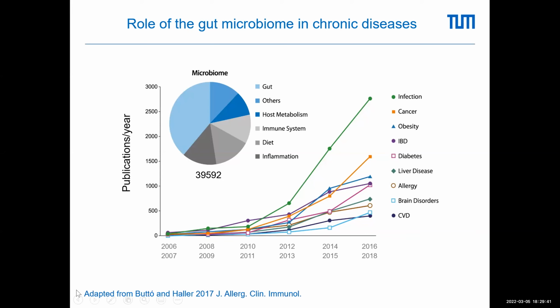And so in this figure here, what you can see is the number of publications per year, stratified by the different disease entities. And what you can see is that over the years, there have been more and more data and more publications generated around the link between microbiome and different diseases, in particular chronic diseases like IBD, inflammatory bowel disease, but also cancer and obesity, infection, diabetes, allergy, cardiovascular diseases, and brain disorders, of course.